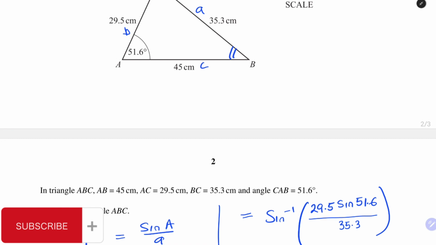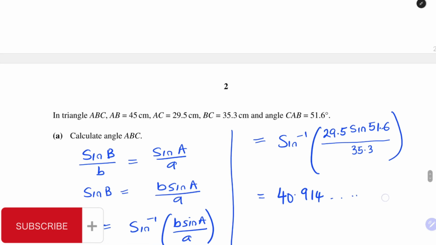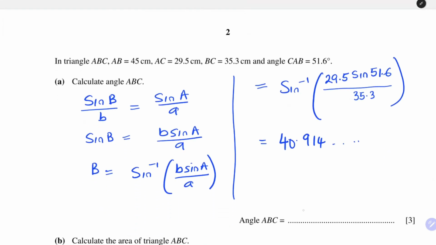When we punch this in our calculator, we end up with 40.914 and a couple of other digits. Again, we should give our answer to one decimal place. So our final answer is 40.9 degrees. I want you to try out the same question by using the cosine rule.